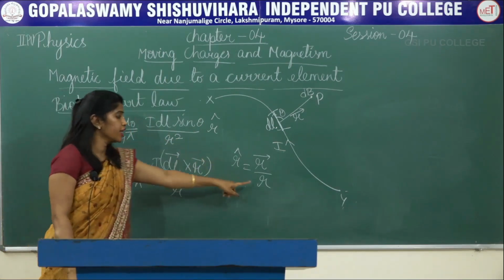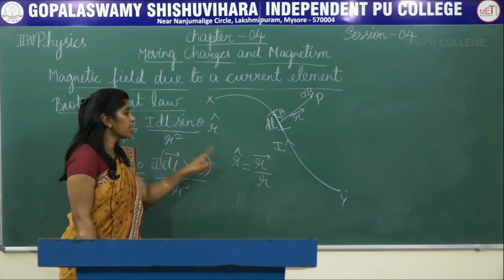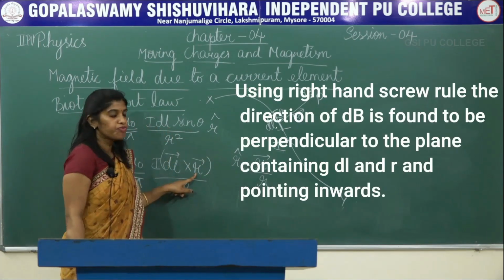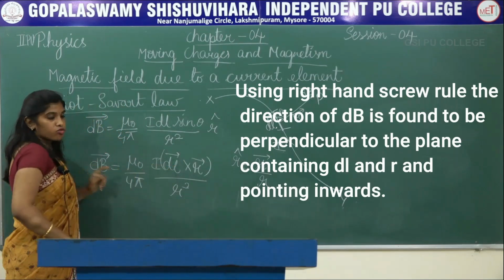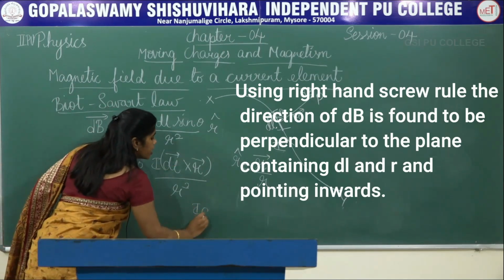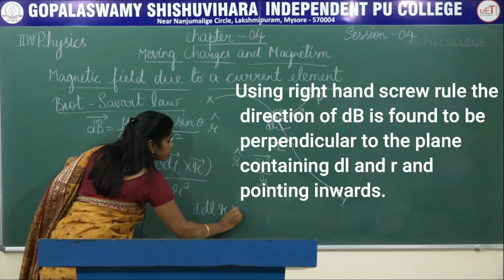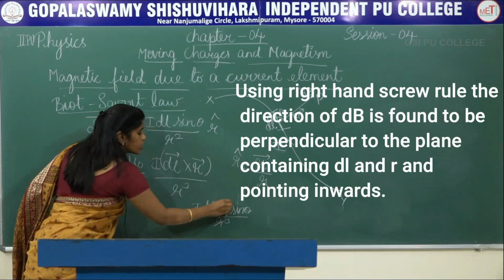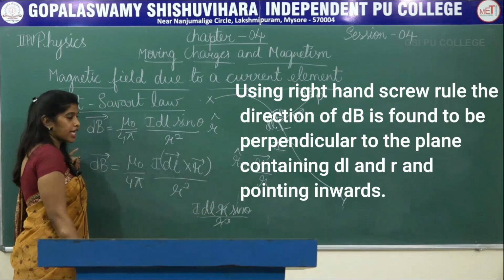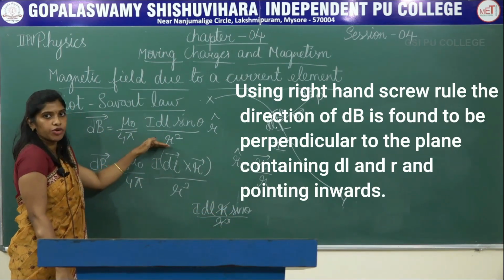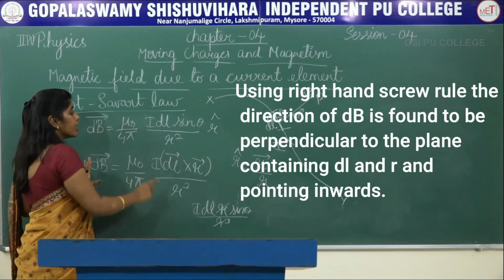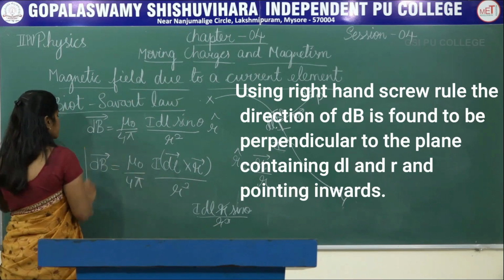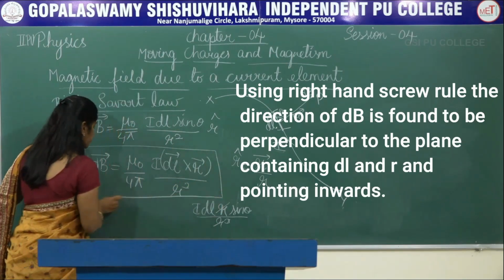That is, the magnitude will be multiplied, and this r is going to be a cross product with this dl. If I expand this, I get I dl r sin theta by r cube. So this r and one r in the denominator get cancelled, and I get back this equation. So I can write the equation for the magnetic field in this form. This is the vector form.